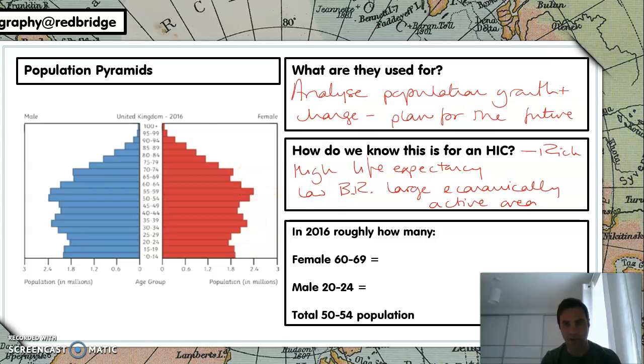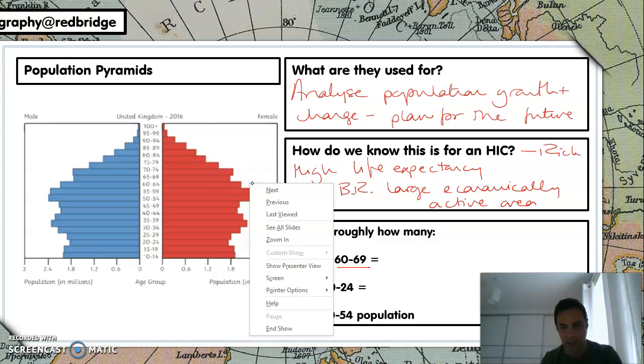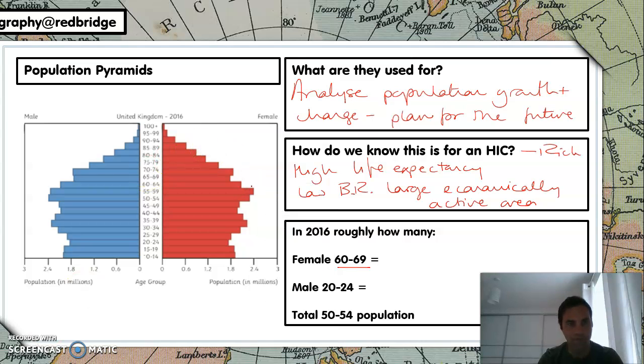So the last three questions in 2016, roughly 60 to 69. Now you need to be careful. I've done this on purpose because this actually spans two of the age brackets for females only. Just to return to this, then, as I was saying, we've got two age groups in here.